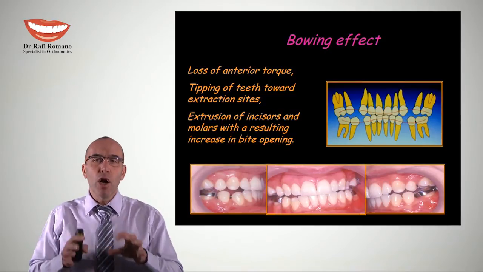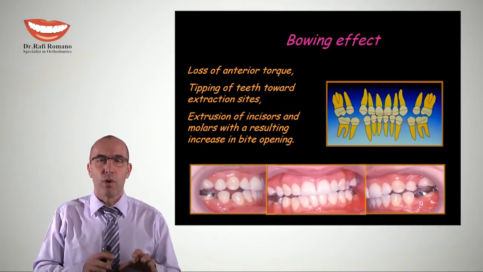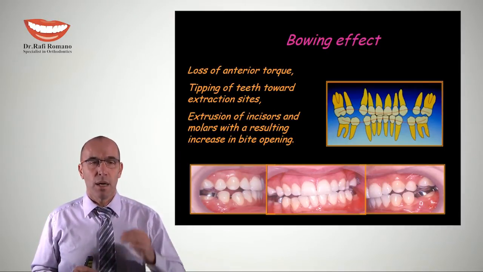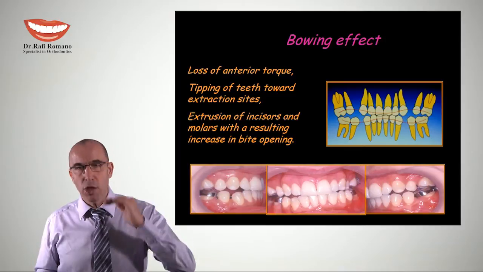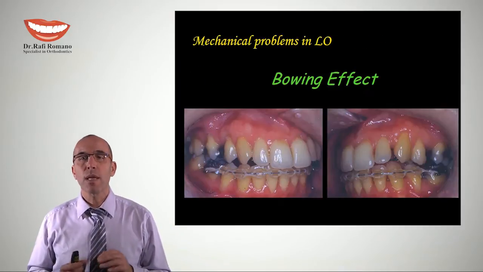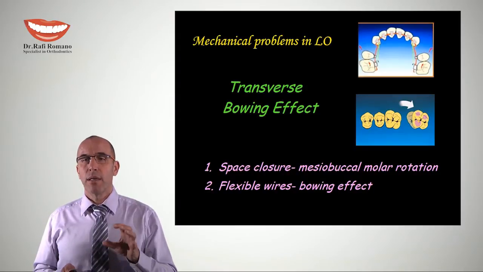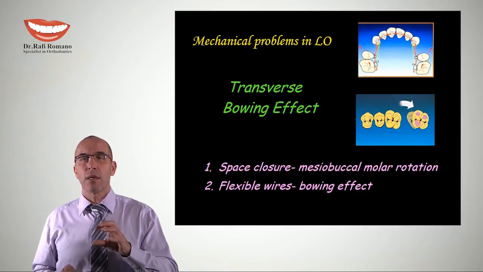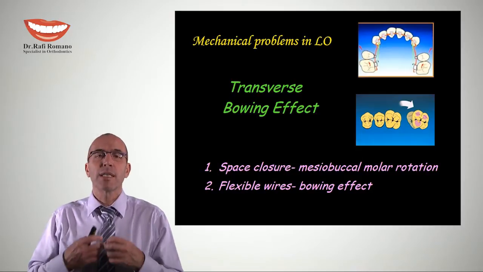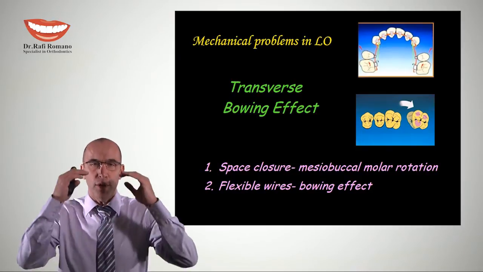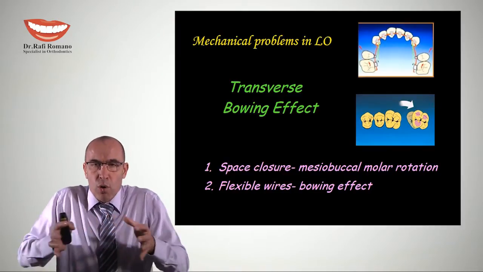Now, the loss of control of the teeth can be solved in many ways, and we will discuss each one of them. You can see here an example of the Boing effect. The Boing effect happens not only vertically, but also horizontally.